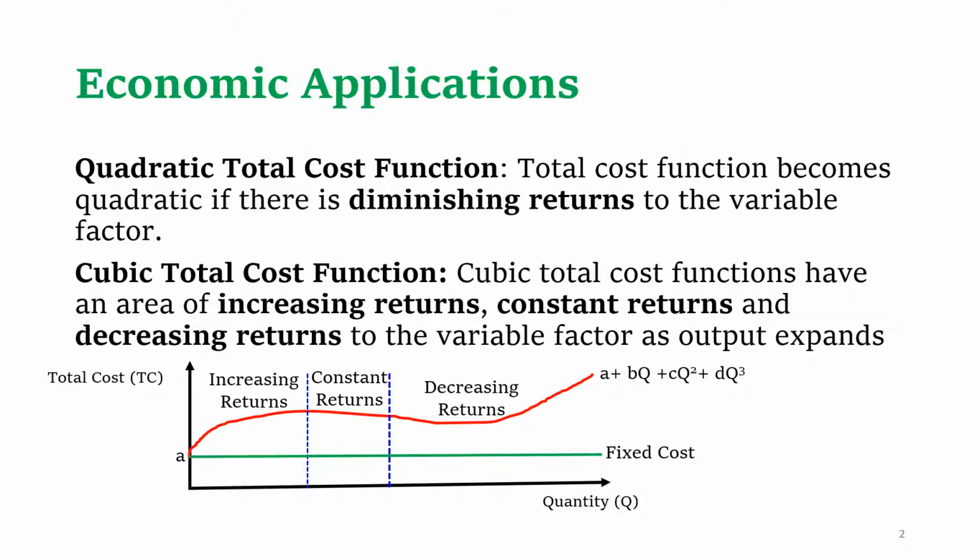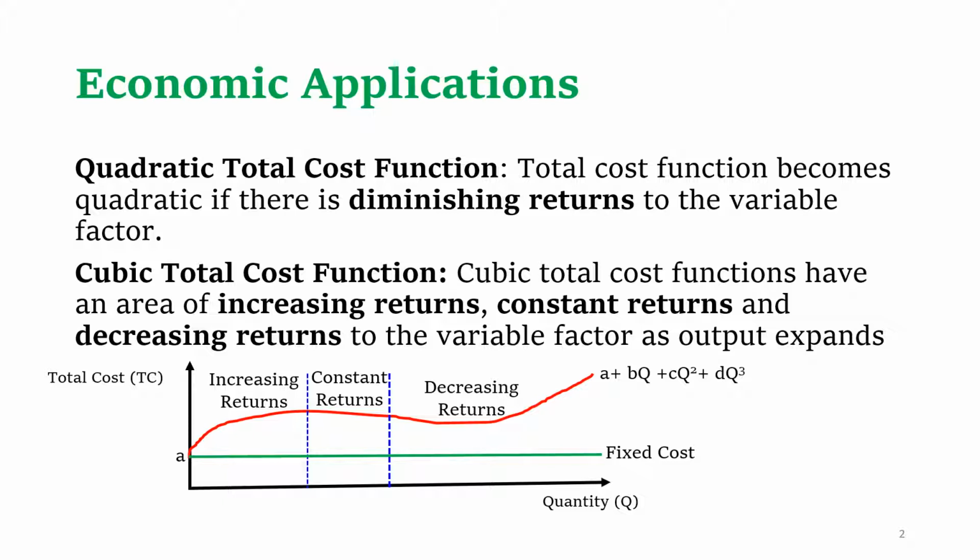So in a cubic total cost function, there is an area of increasing returns, then another area of constant returns, and then decreasing returns. Where the graph is rising, after it tapers off, represents the region of decreasing returns. The point where the graph starts to increase before it tapers off represents increasing returns.